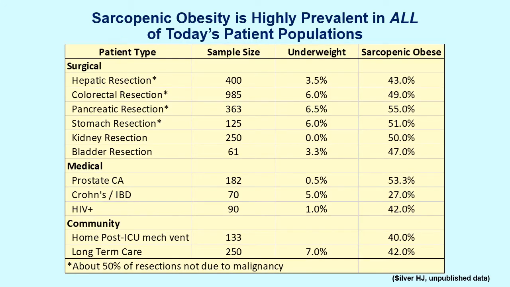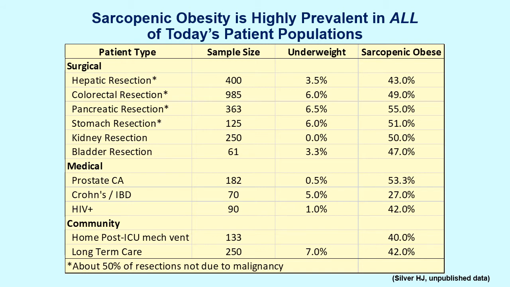Now in this slide, I present to you that this condition of sarcopenic obesity is highly prevalent in all patient populations today. So regardless of whether you are seeing patients or clients in any setting, whether it's in a hospital, in a clinic, in a private practice, in a community environment, this is a highly prevalent condition.